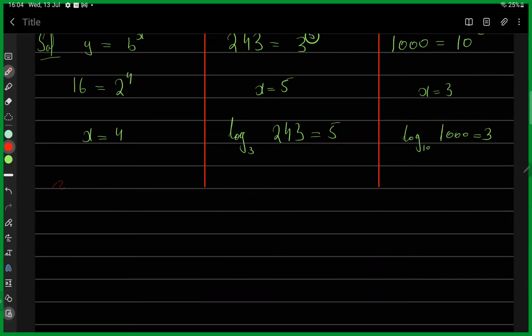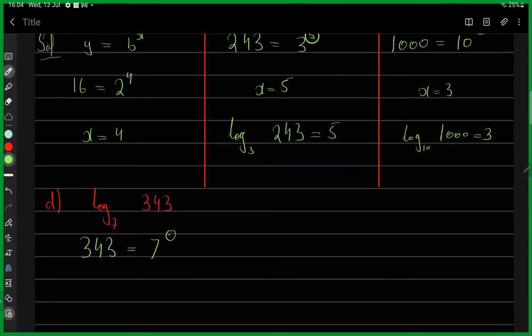Part number D, or the fourth part, it's log with base 7 and the value is 343. Again, the concept is the same. 343 would be written here. There it would be 7 and 7 power something. 7 multiplied by 7 is 49, and 49 multiplied by 7 would give you 343.